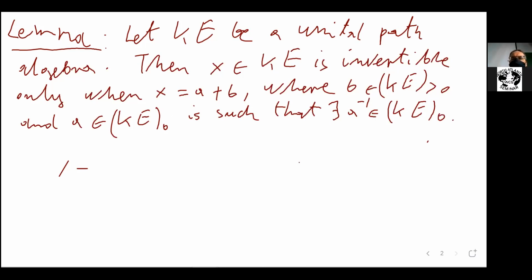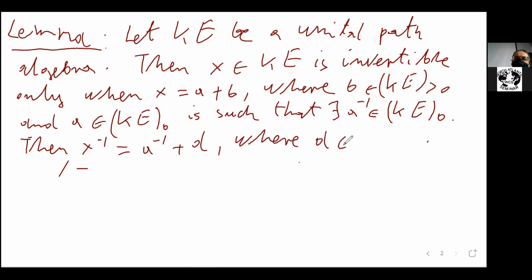And when these conditions are satisfied, okay, so if X is invertible, then these conditions are satisfied. And we can write the inverse of X in the following way. Then X inverse equals A inverse plus D, where D is some element of the arrow ideal. Okay, so this is our lemma.